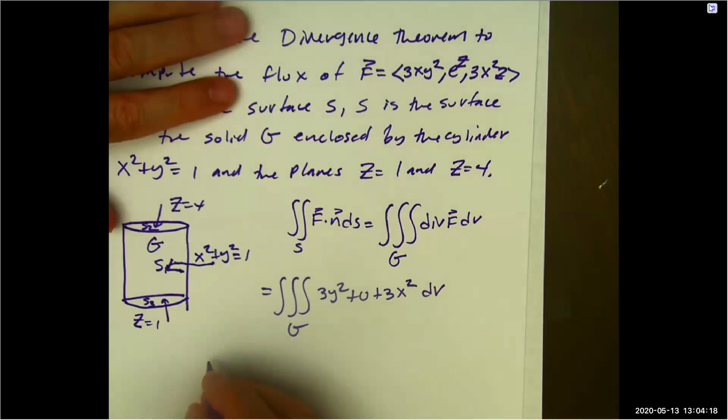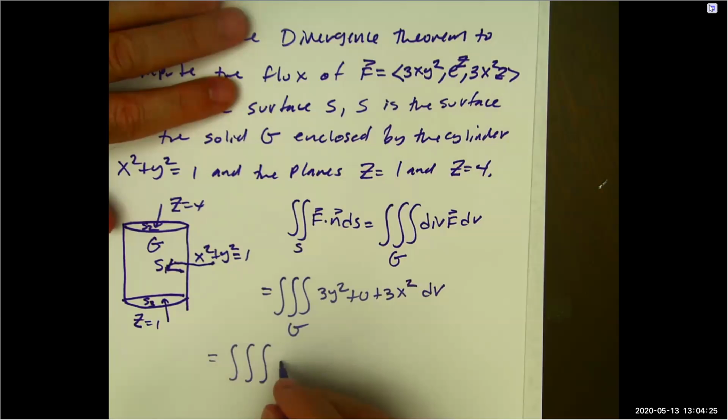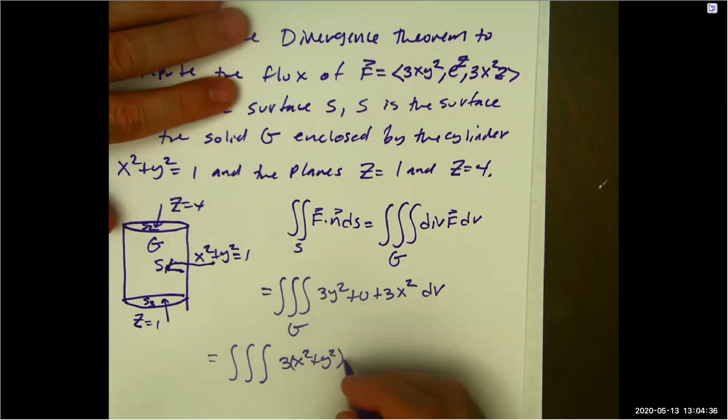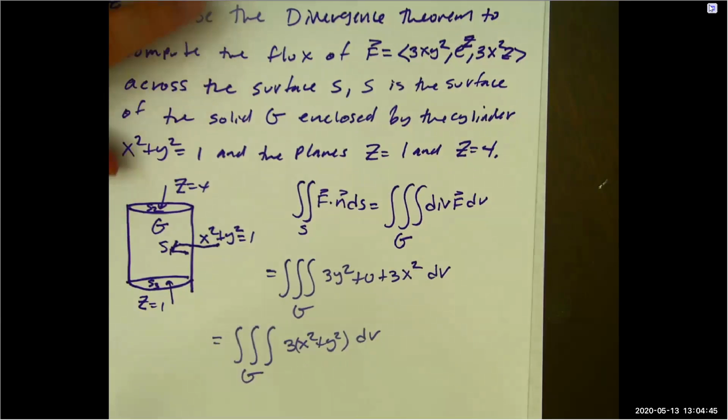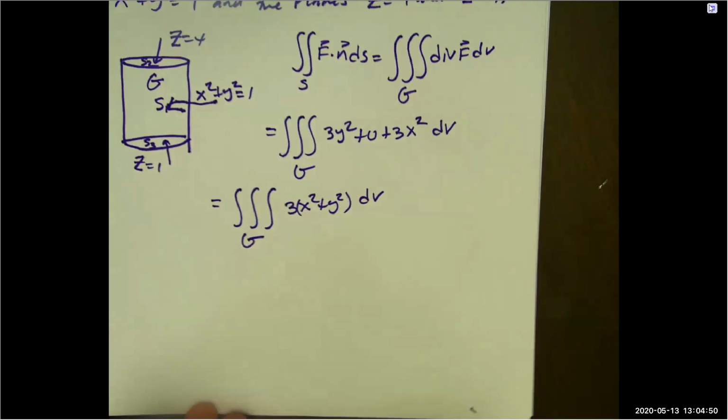And so what I end up with here is a super nice one for cylindrical coordinates. This is going to be just 3 times the quantity x squared plus y squared, and then we're going to have dV over G. We can evaluate this pretty easily just using cylindrical.